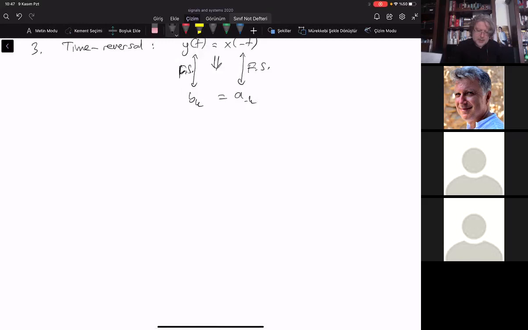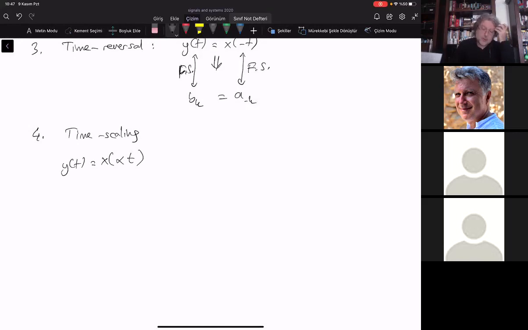Now, the fourth property, time scaling. So what happens if y of t is equal to a time-scaled version of x, alpha times t? So you are multiplying t with an alpha.